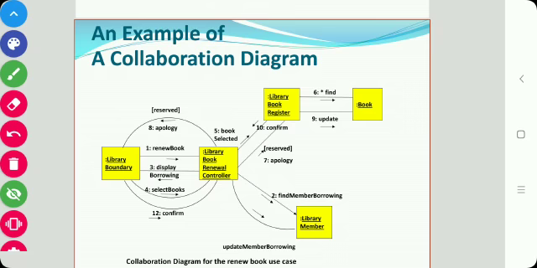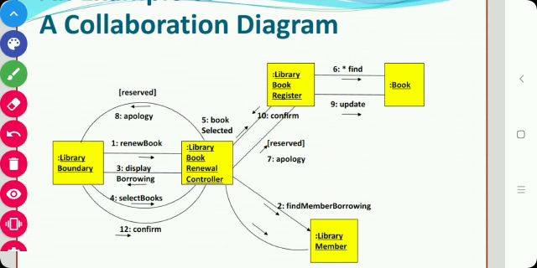See here. First is renew book, then second is find the member borrowing, then third is display borrowing, then select book. All these messages are preceded with the sequence number. So this gives the behavioral view of the system, or the interaction among the objects of the system.